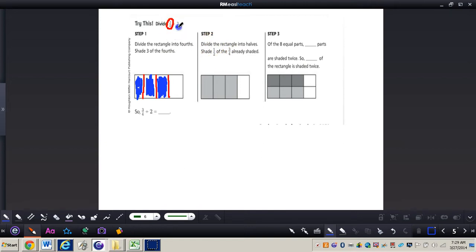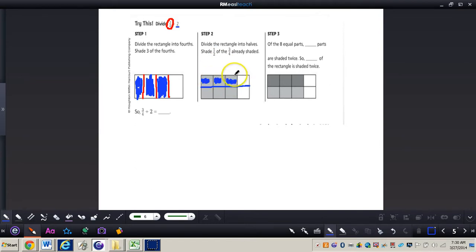Okay, we're dividing this by 2. So we'll take a straight horizontal line right down the middle there. Then we just shade in half of the 3/4 that's already shaded in. Okay, so we have half of that 3/4 that's already shaded in.